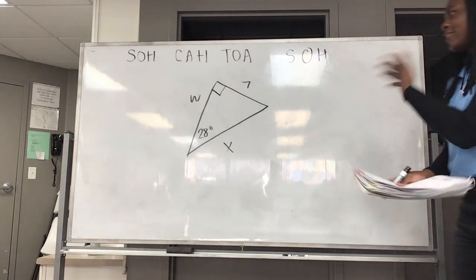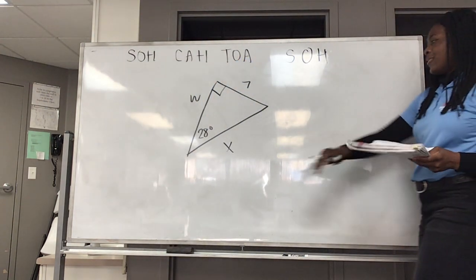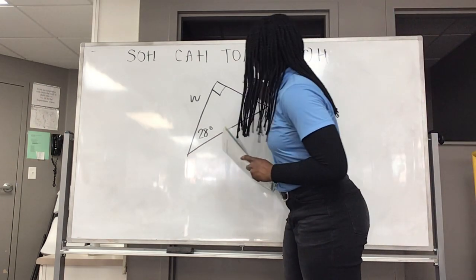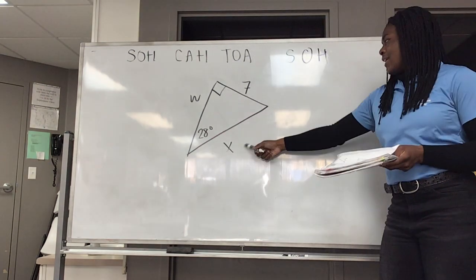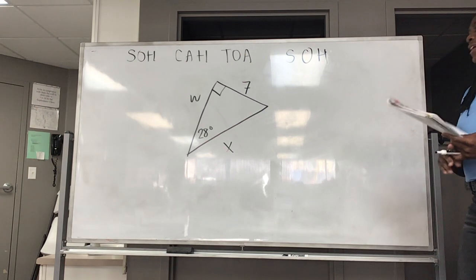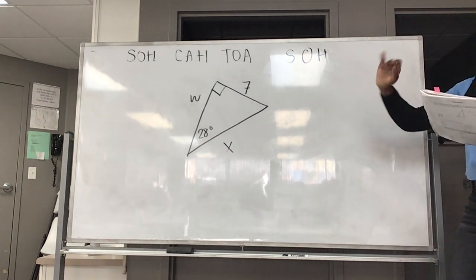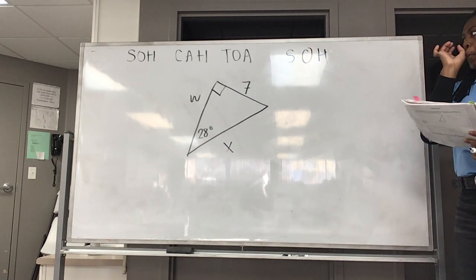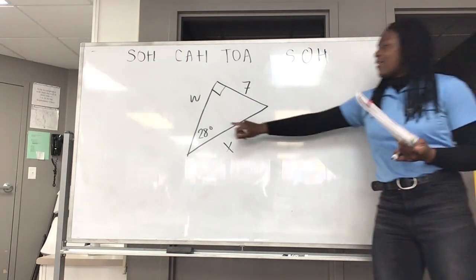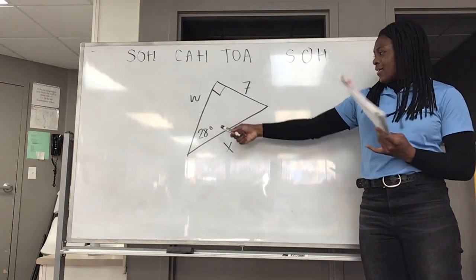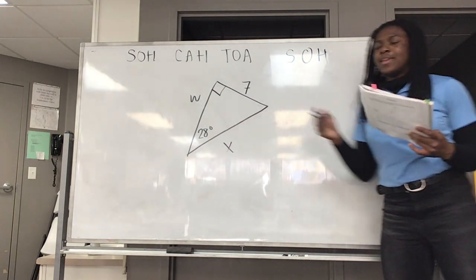Okay, so here's my right triangle. We know one side length, this is a 7. And then x and w. So I want you guys to solve for x and w using our SOHCAHTOA rules. So remember the only angle they gave us is 28, so we're going to be solving it in regards to angle 28.